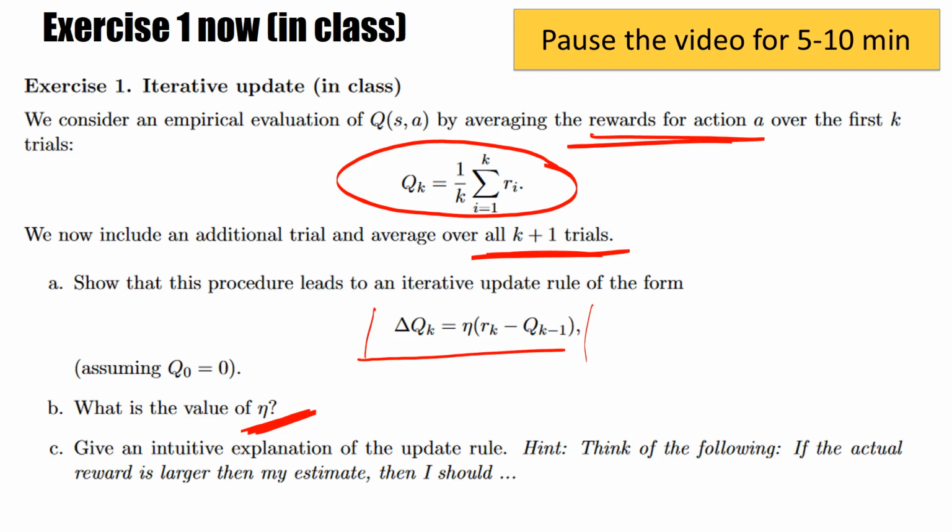And then afterwards, I want you to think about what this means. Can you give an intuitive explanation of this difference R minus Q that leads to the change delta Q? So that's your task. Take your time, pause the video, and then I will do it on the next slide.